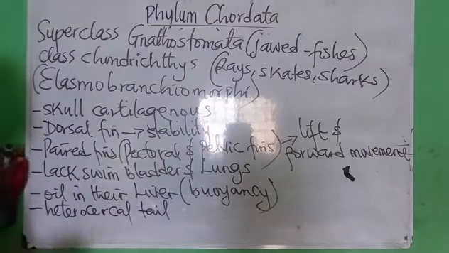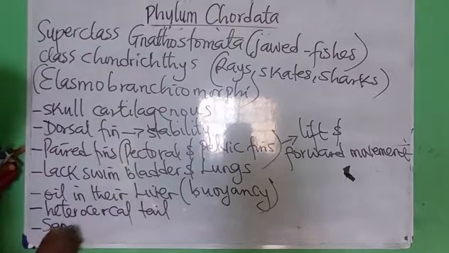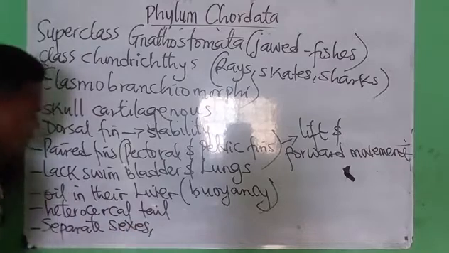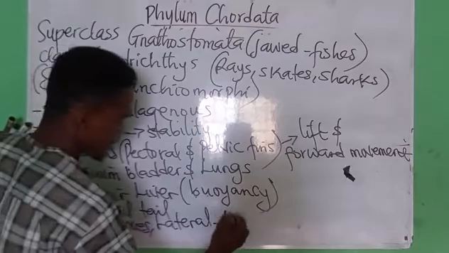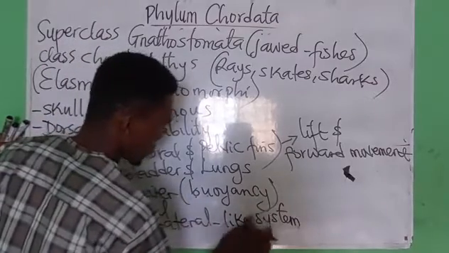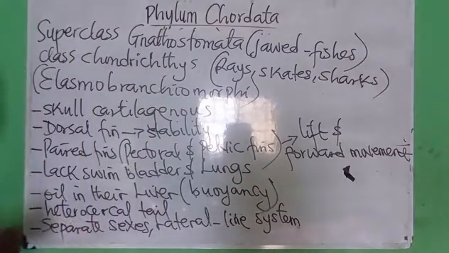Their tail is heterocercal. Is there another one I've not said? Okay, they have separate sexes, and they have lateral line system. Of course, we all know the function of the lateral line.